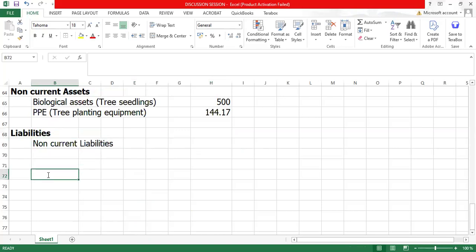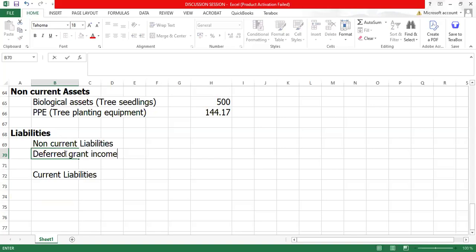You also create a current liability. And I'm going to explain this too. Non-current liability. You will have deferred grant income, or you can say deferred government grant.